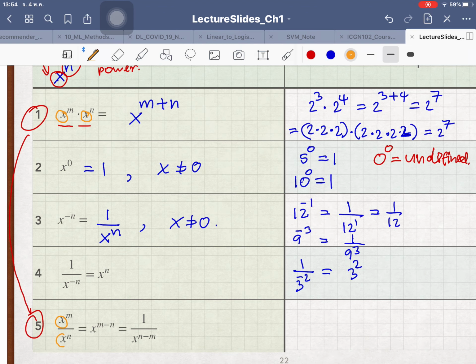This term also has the base of x. When you have the same base, you can just take the subtraction between the powers. So this will give you x to the power m minus n.